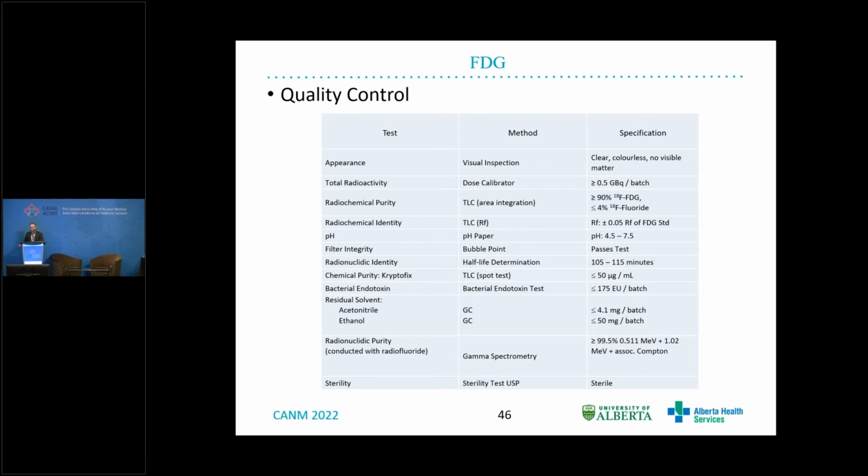No. Horseshoe crabs, that's what it is. I'm hearing those are not doing well, so I don't know how long this is going to go on for, but we'll see. We do residual solvents for acetonitrile and ethanol, and it might also be acetone if that is used in the process.